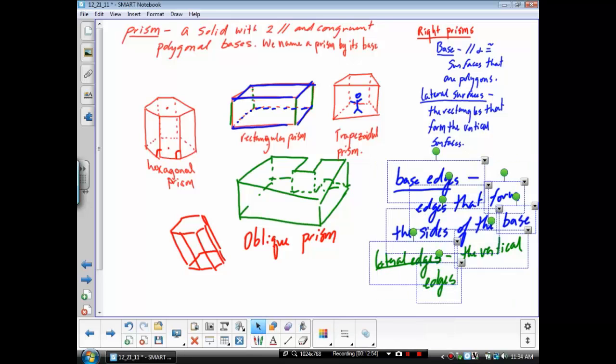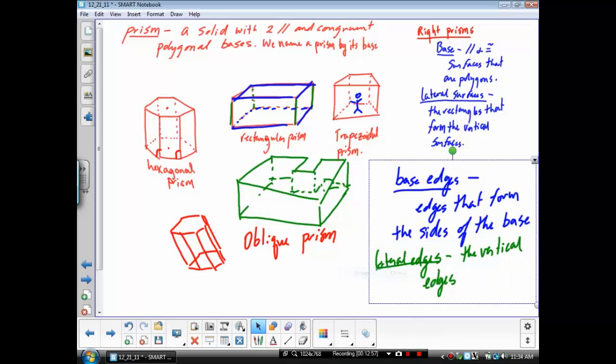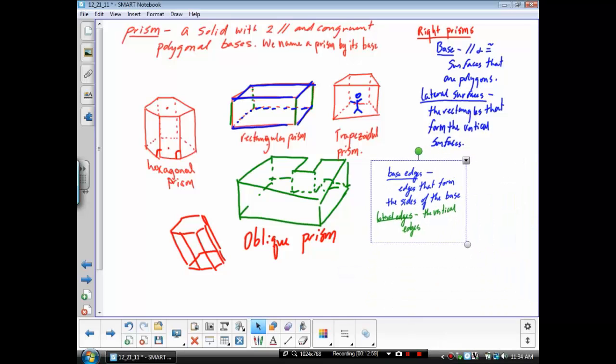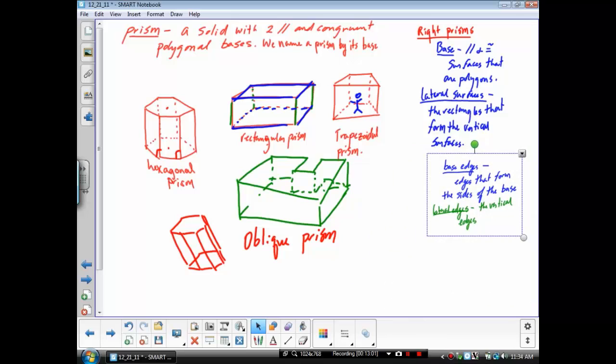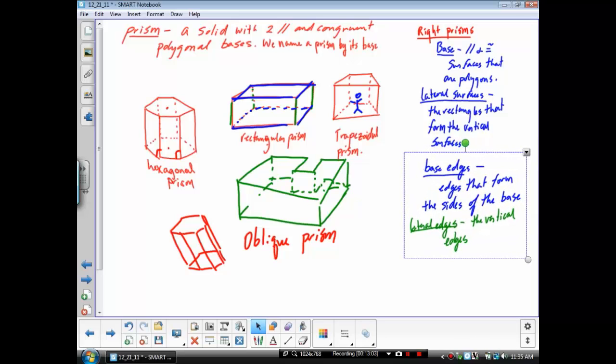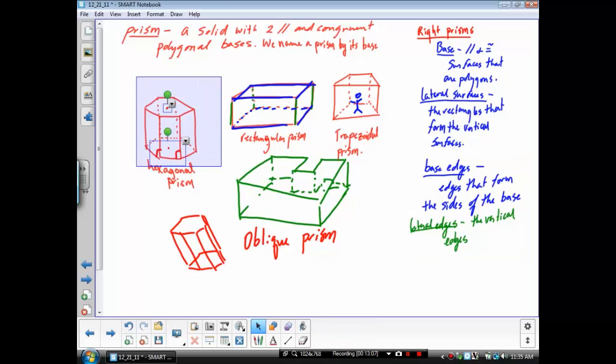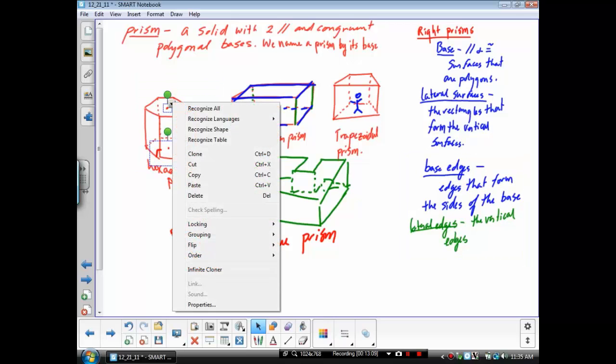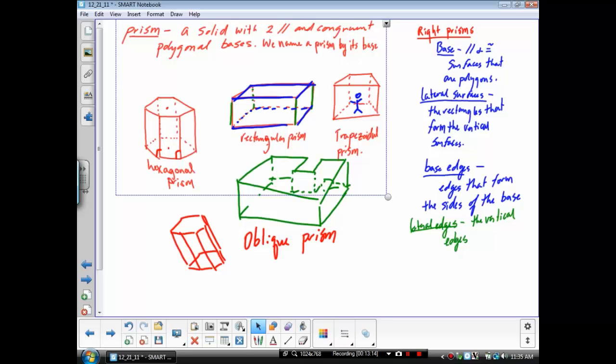Now, because a solid can be tipped on its side, sometimes these lateral edges will not be the vertical edges, right? Like you can picture this figure right here. Let's group everything. Okay, that didn't work very well.